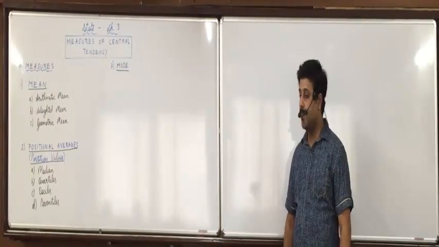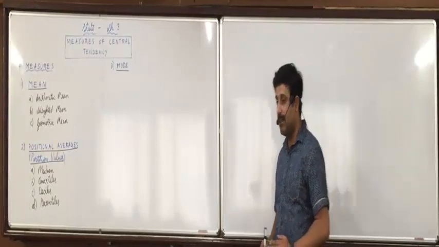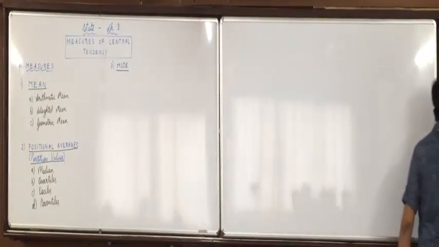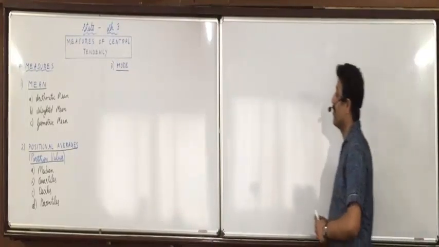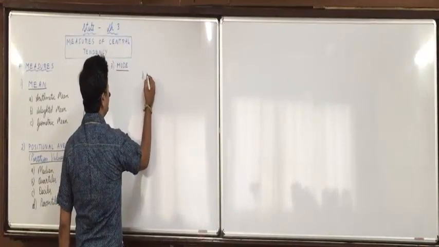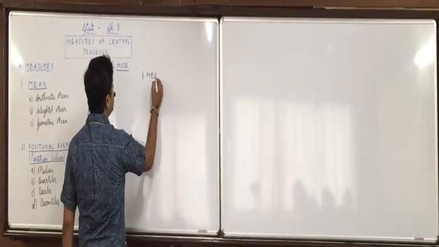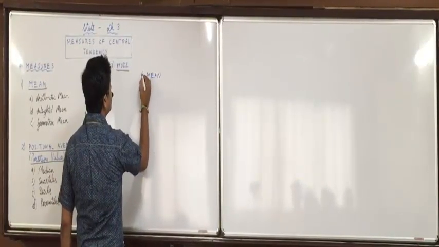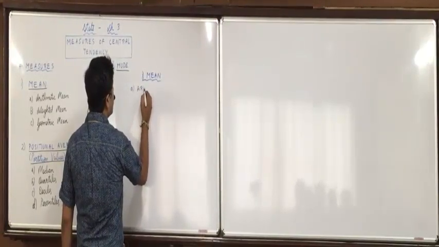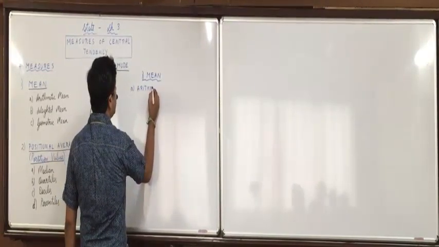Did you write it down? Now today we will start with the mean part. Okay. So in mean, first we will take up arithmetic mean. Now, what is the meaning of arithmetic mean?